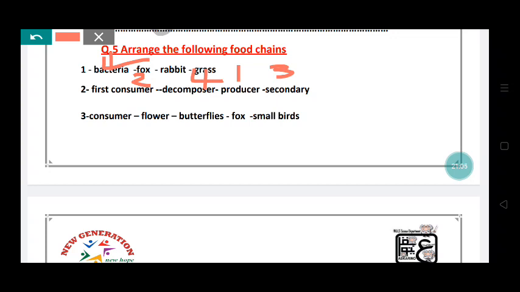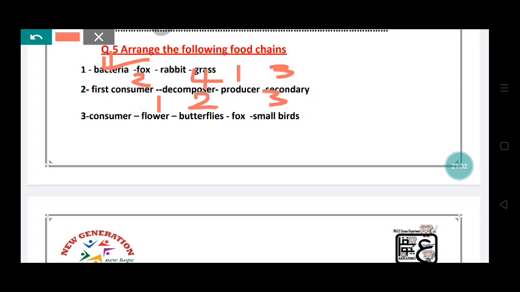Okay. Number 1, consumer: flower, butterflies, foxes, small birds. Number 1, flower. Super. Number 2, butterflies. Number 3, first consumer, which means small birds.